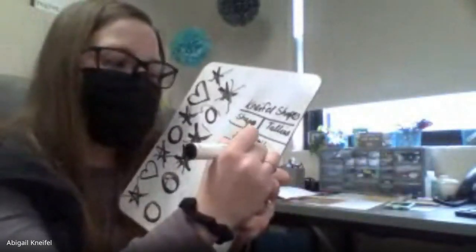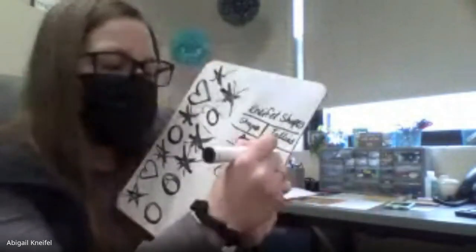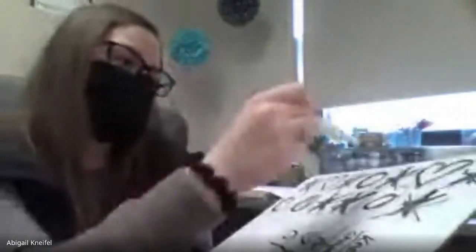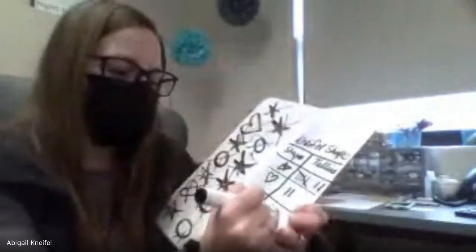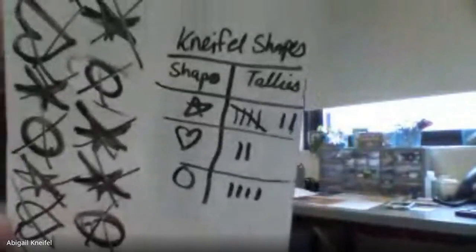So that's 1, 2, 3, 4. Crossover for 5, 6, 7. Hearts. 1, 2. Only 2. And then circles. 1, 2, 3, 4. So that's what my graph looks like. Let me see what your guys's looks like.